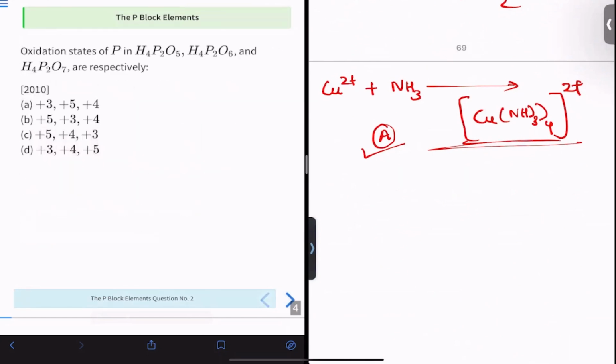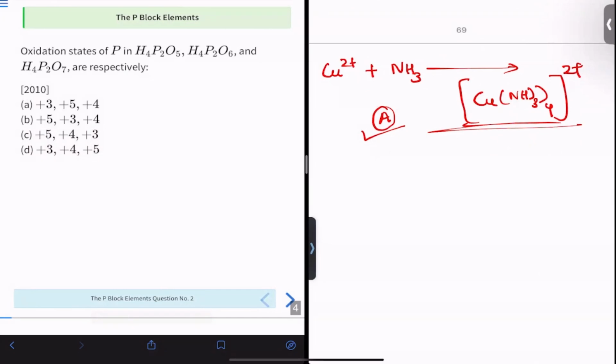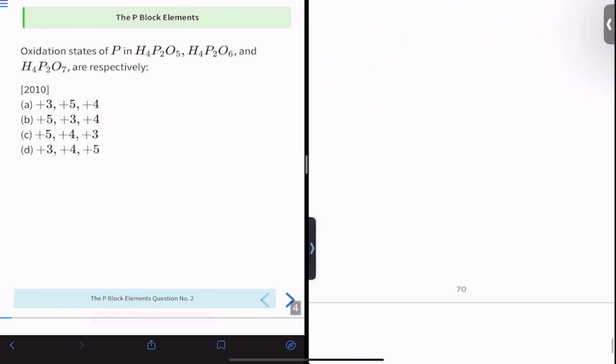Question number 2. Question number 2 says, what are the oxidation states for H4P2O5, H4P2O6, H4P2O7?